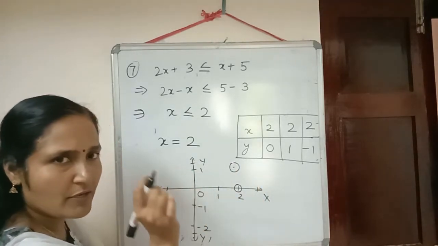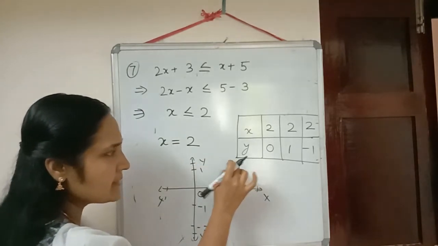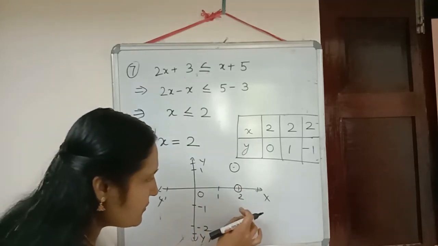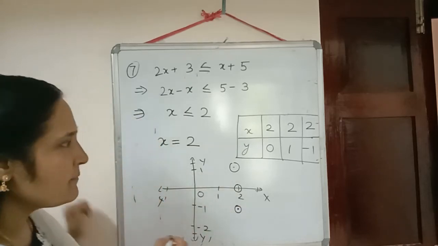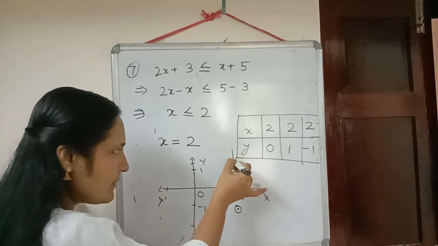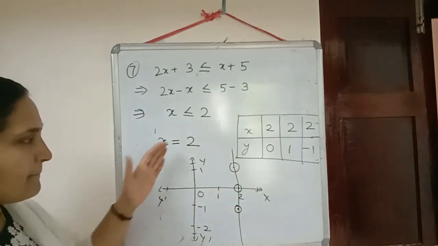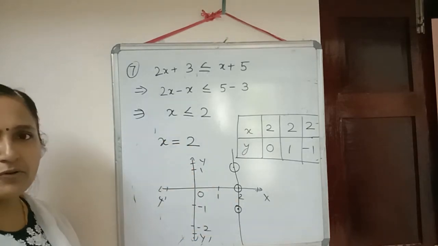In the graph book, it will be clear to you. Where these two lines intersect, that will be the point 2, 1. Then x is equal to 2 and y is equal to minus 1, so here will be the point. When you draw the graph, it will come this way. x is equal to 2 means it will be a straight line parallel to the y-axis passing through the point x equal to 2.